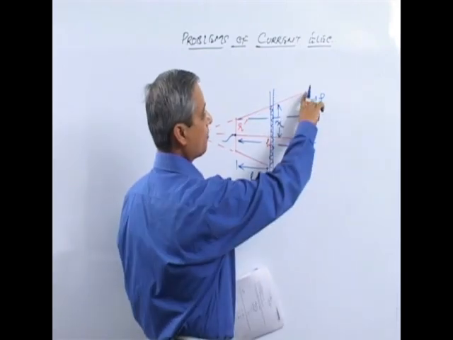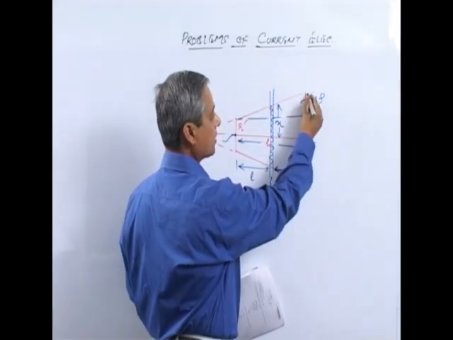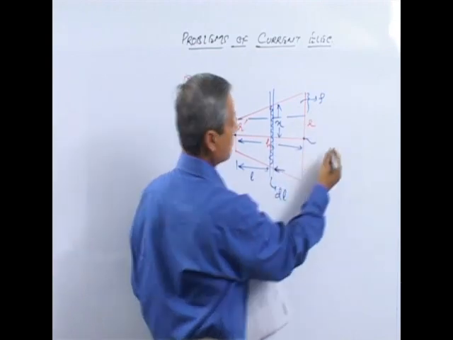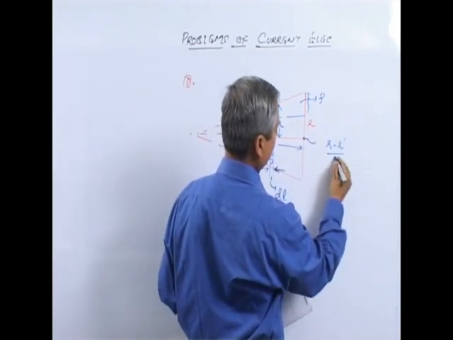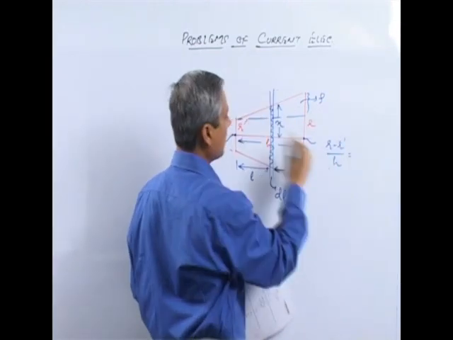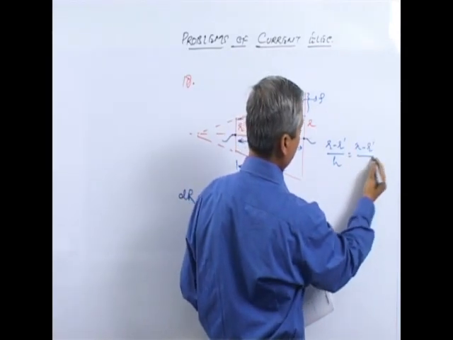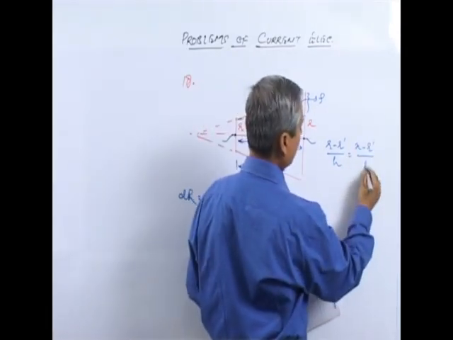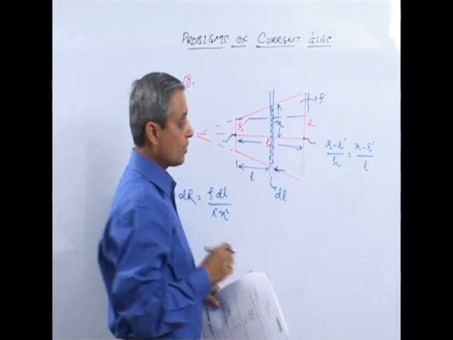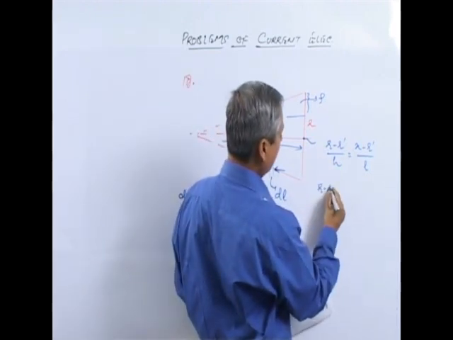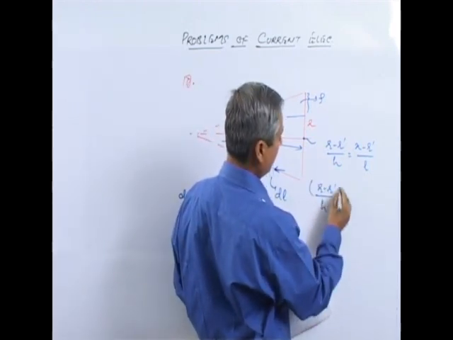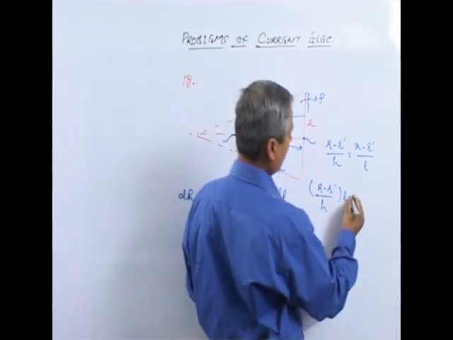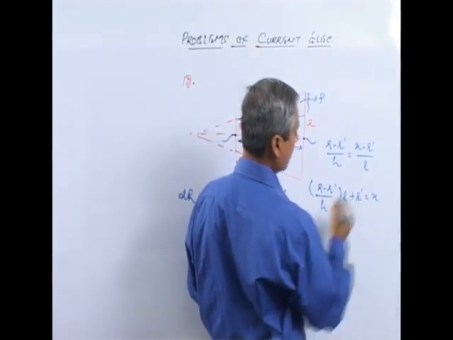So write it like this: (r minus r dash) divided by h is (x minus r dash) divided by L. So it is like this: (r minus r dash) by h into L plus r dash is x.